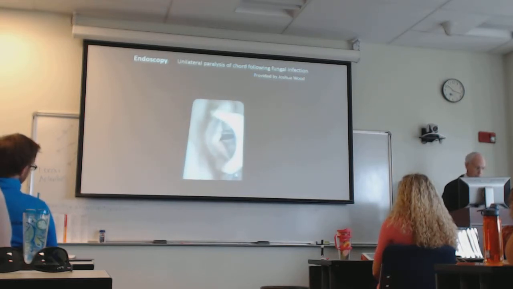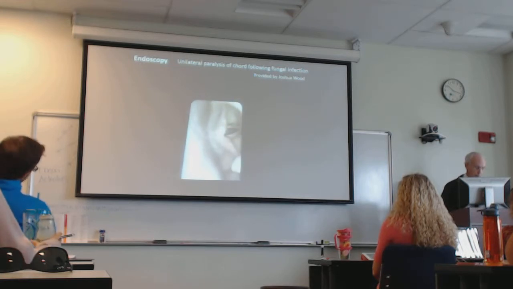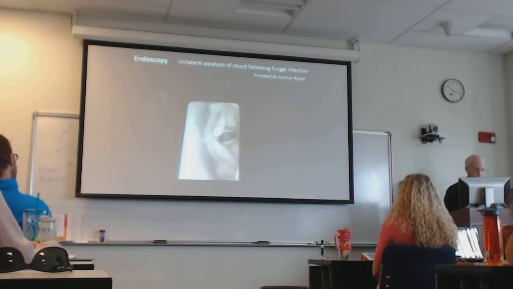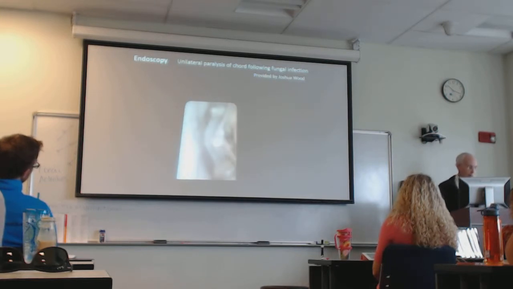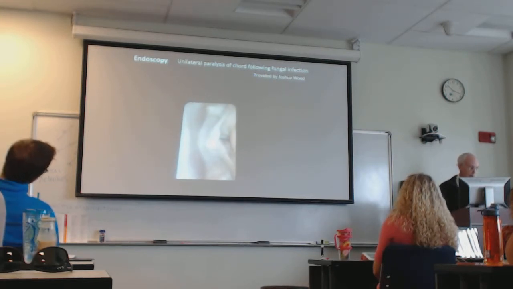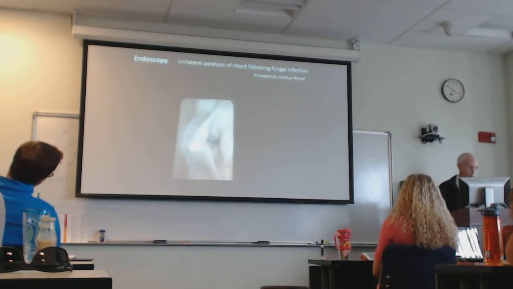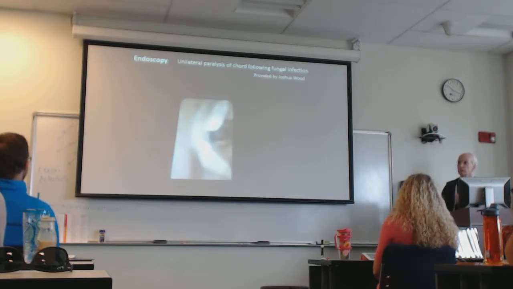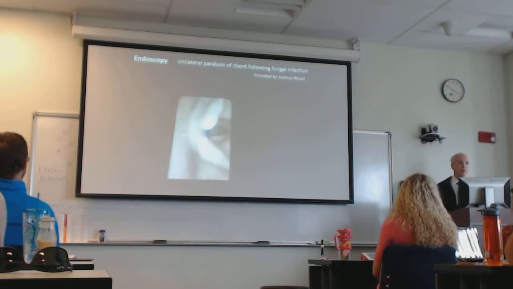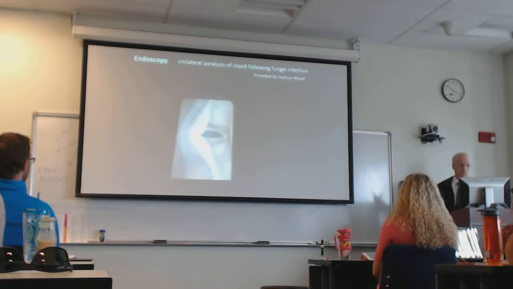So notice that the two vocal cords, the two cartilages, do not occlude and they don't close properly. In effect, you have a virtual paralysis of one and the other one's trying to compensate. And what would be the consequence of that, do you think? It certainly would be very difficult speaking.